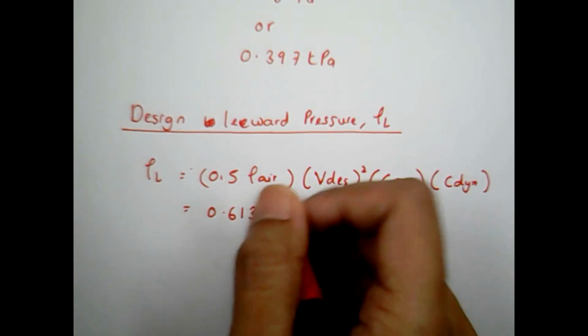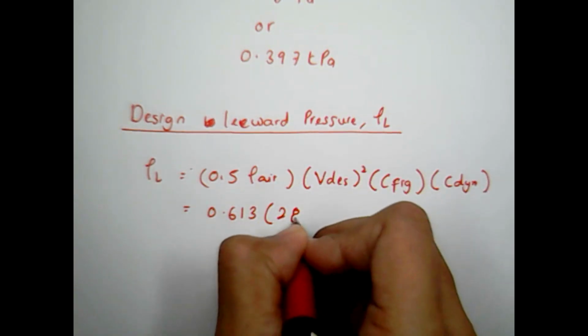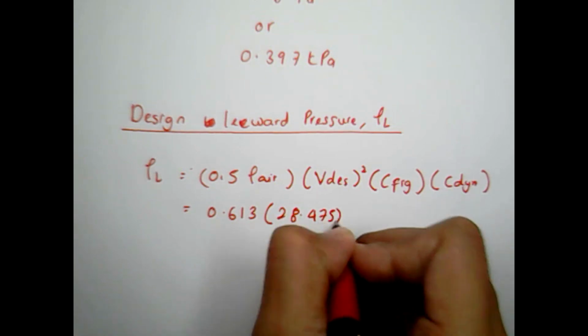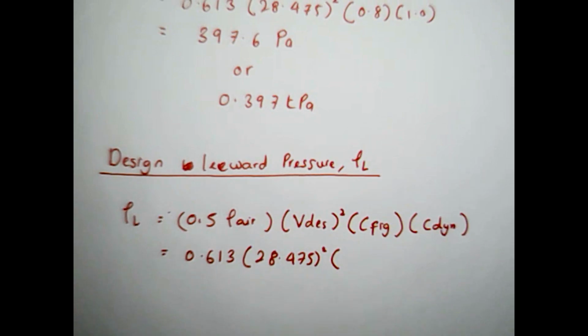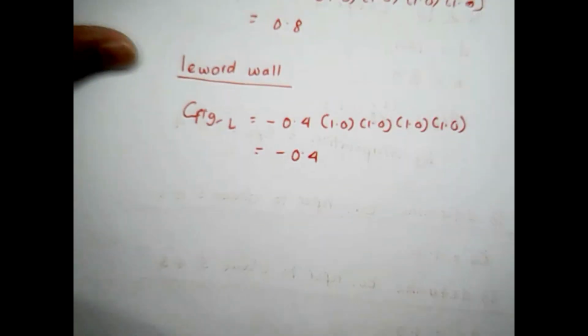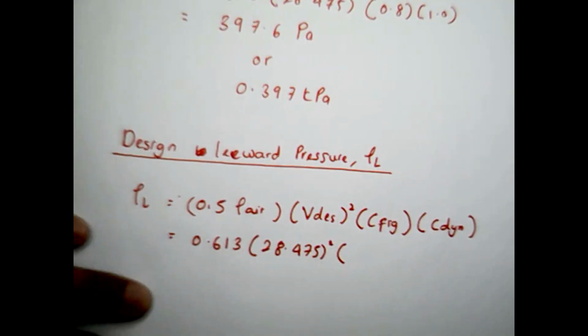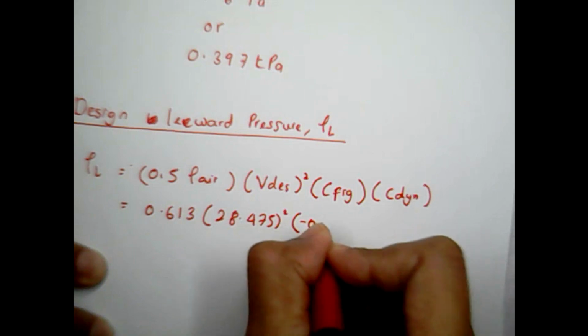We still use the same, which is 28.475 squared, and your C fix. Here you have to get the leeward C fix. So the leeward C fix is negative 0.4. So then include it into the equations, negative 0.4.